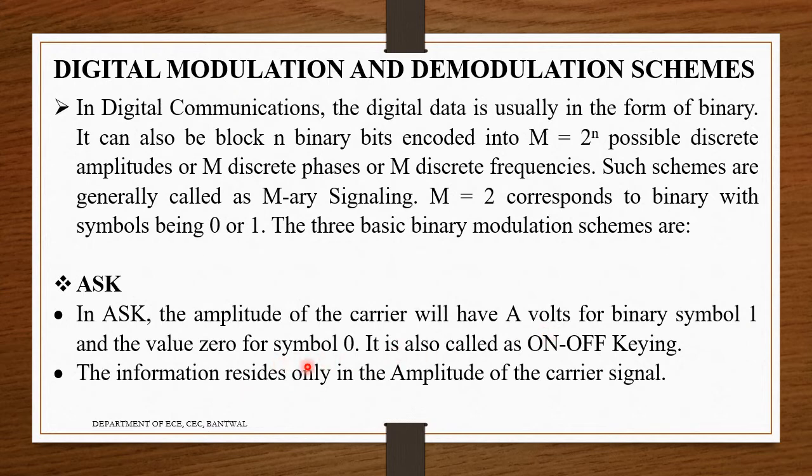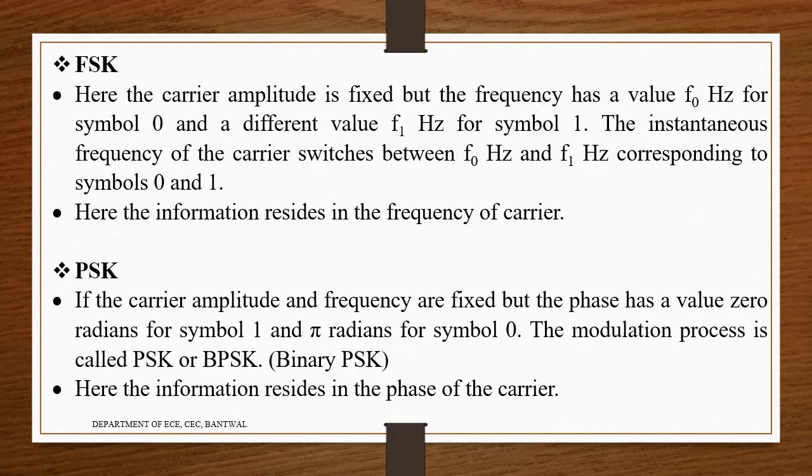Hence the name on-off keying: on at 1 and off at 0. The information resides only in the amplitude of the carrier signal. On the basis of the amplitude, we can classify the carrier signal as either 1 or 0.